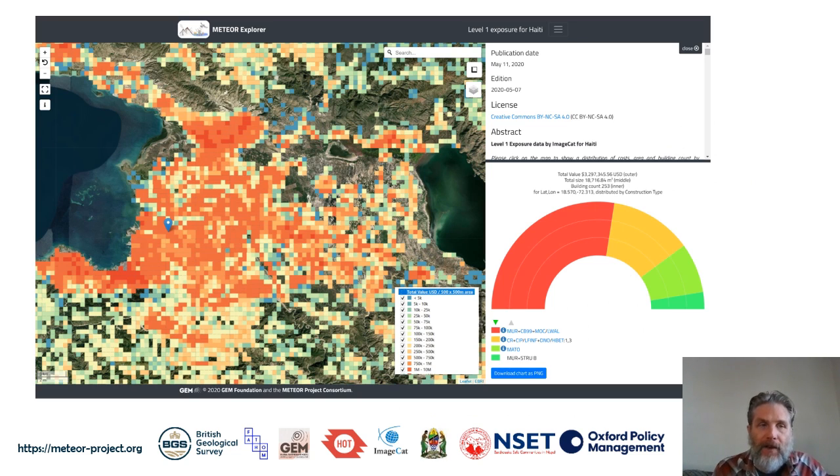And here's another example for Haiti. You can see in this case, the scale is such that you can see the individual grids, and you can see that it's largely an estimation process. This is a global product that we've estimated here, so this will be referred to as a level 1 product.